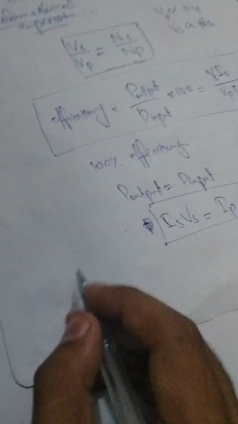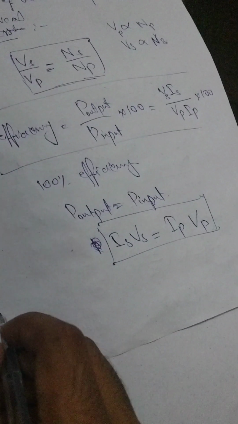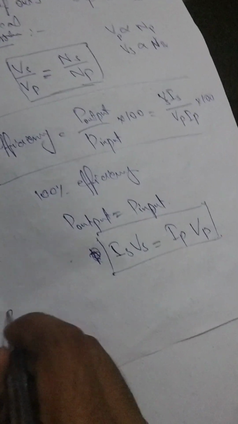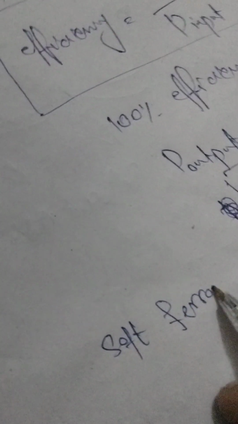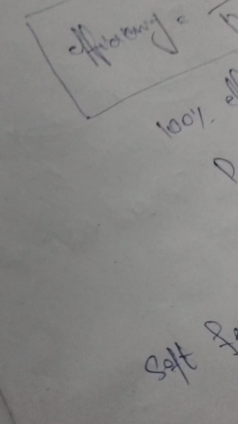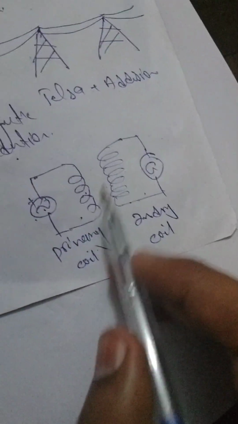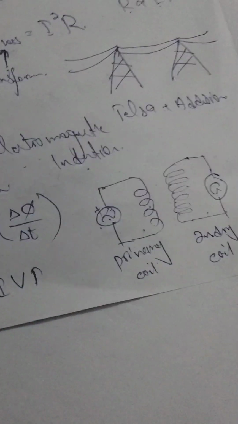There is one thing missing, which is the soft magnetic core. So the soft magnetic core is of great concern. You can see that this setup we have created in free space.